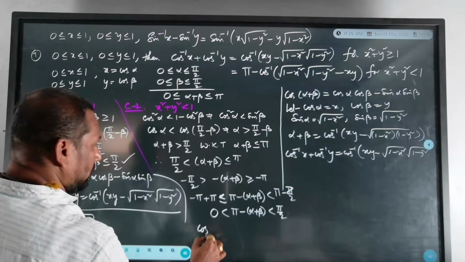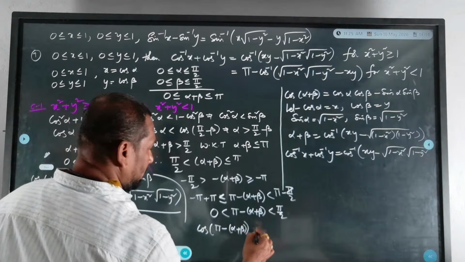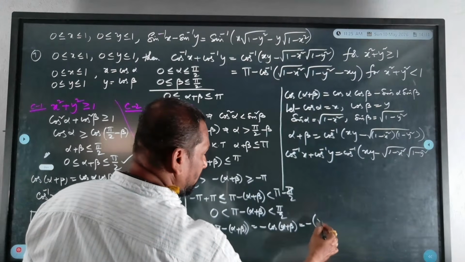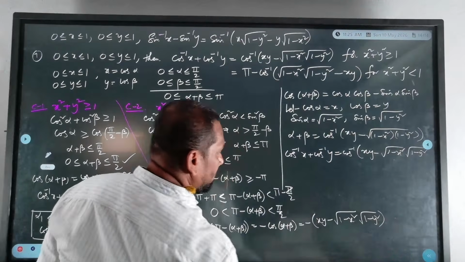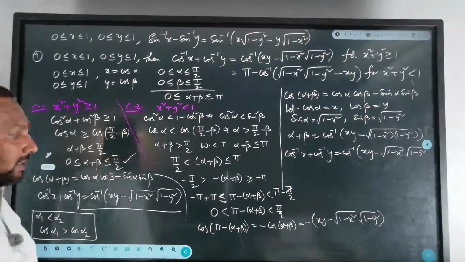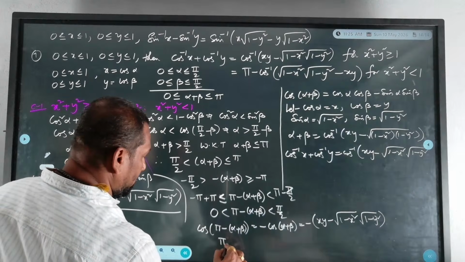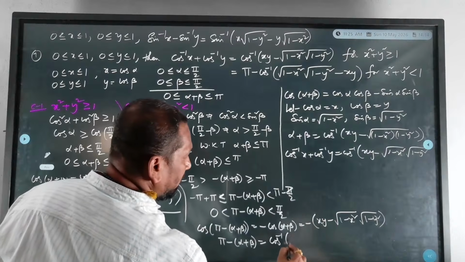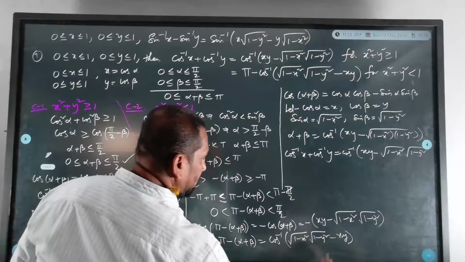So cos of pi minus alpha plus beta is minus cos of alpha plus beta, that is minus of xy minus root 1 minus x square root 1 minus y square, because cos alpha cos beta is xy and sin alpha sin beta is root 1 minus x square times root 1 minus y square. So here pi minus of alpha plus beta is equal to cos inverse of root 1 minus x square root 1 minus y square minus xy, multiplying by minus.